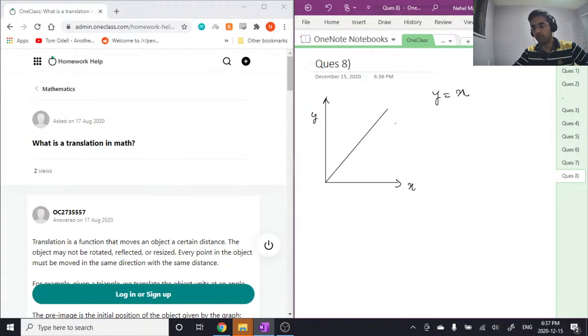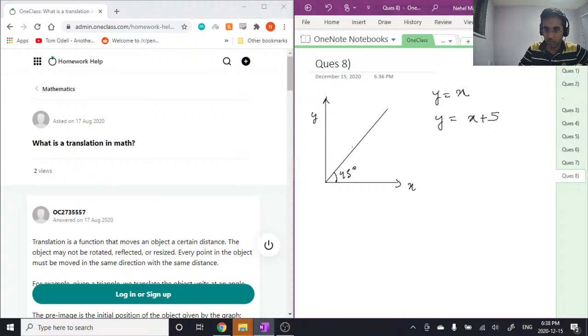Okay, so this would be the function y equals x, and again, this is making a 45-degree angle. Now if I were to add a constant number or a scalar to the right hand side, let's say x plus 5, what that does is it forces the function to reposition or to translate in this two-dimensional space.